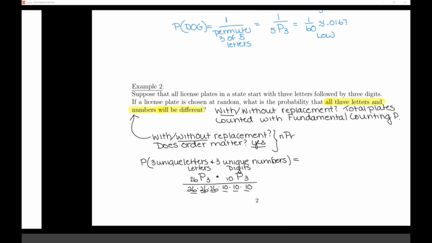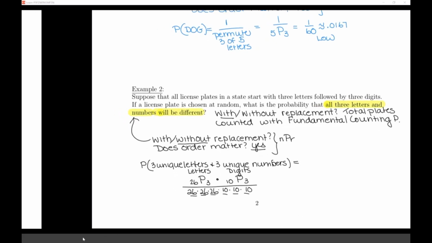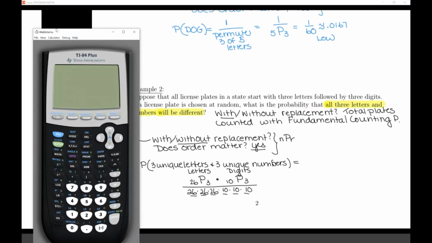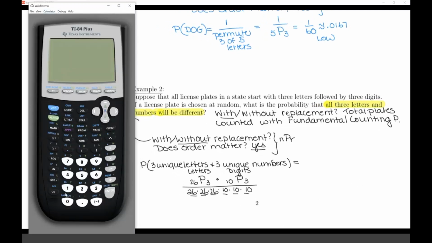Then the only thing I'm going to do is use my calculator to actually do the arithmetic. My top is going to have permutations, and you can use your permutation calculator for that. So 26 permute 3 times 10 permute 3.